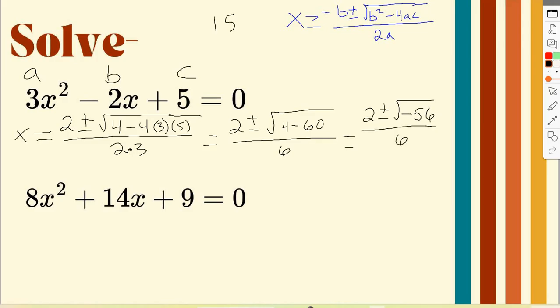So if I have a negative underneath our square root, we said that means that we have what kind of number? It's a complex number. So we're going to pull that negative out to become an i.